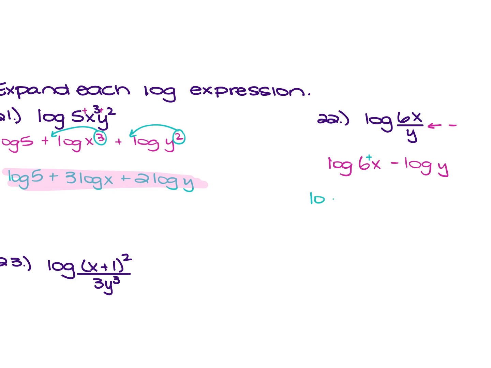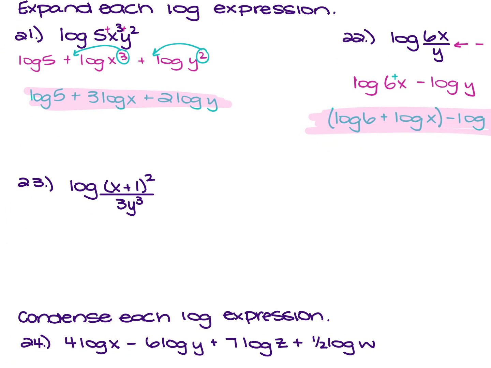So that's going to give you log of 6 plus log of x minus log of y. The way that you see this, it would literally be the multiplication before the division. So you can leave it this way, but if you'd rather put parentheses around what was in your numerator and put parentheses around the logs of 6 plus the log of x, you can do that too. It does not matter. It means the same exact thing.